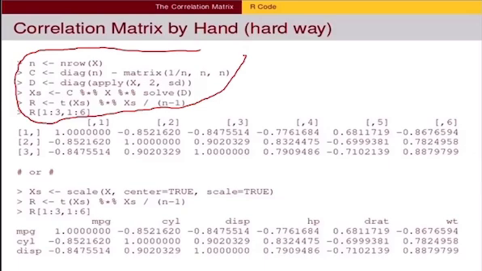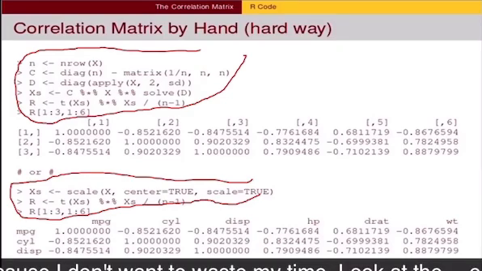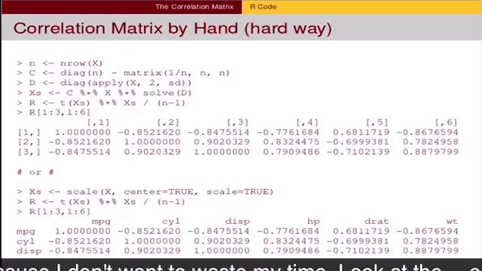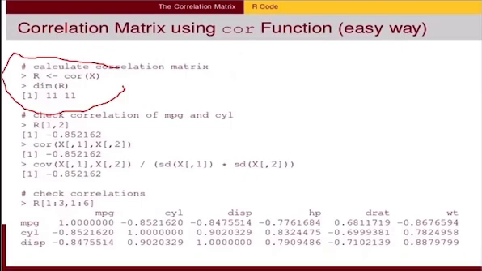There's another way to do it, but the easiest way, because I don't want to waste my time: if I have a matrix X already defined and I want a correlation matrix, I'm just going to write COR of X, and it's going to give me the correlation matrix. Just COR. For the covariance, that will be COV.